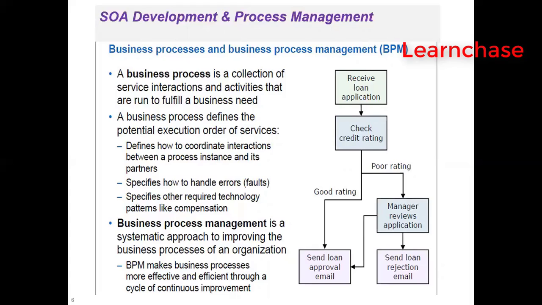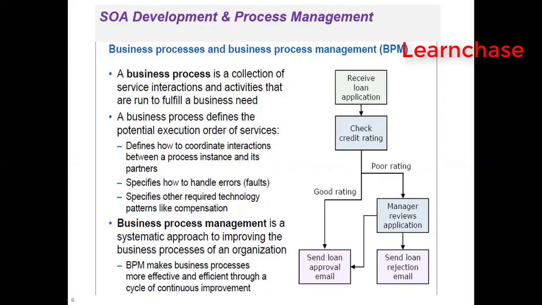If we understand what a business process is, a business process is basically any set of connected activities that make meaningful sense for an organization or give some meaningful output to an organization. This particular business process that you see on the screen is being used by a bank for receiving loan applications and either accepting or rejecting them depending on a set of criteria.